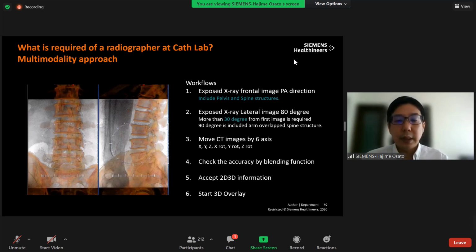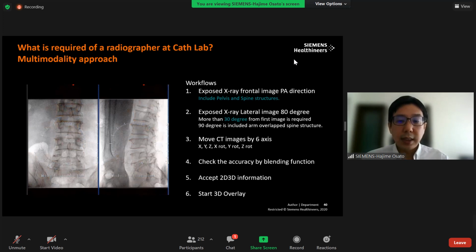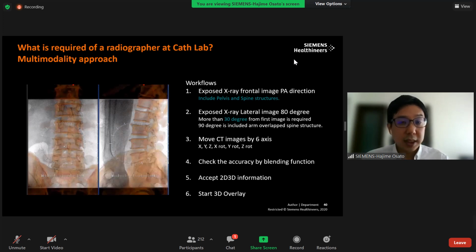So the doctor can see the vessel figure all the time, which reduces the contrast medium amount. That's why please have a wide perspective, not only the angio system itself, but also other modality images. This is required for the radiographer.